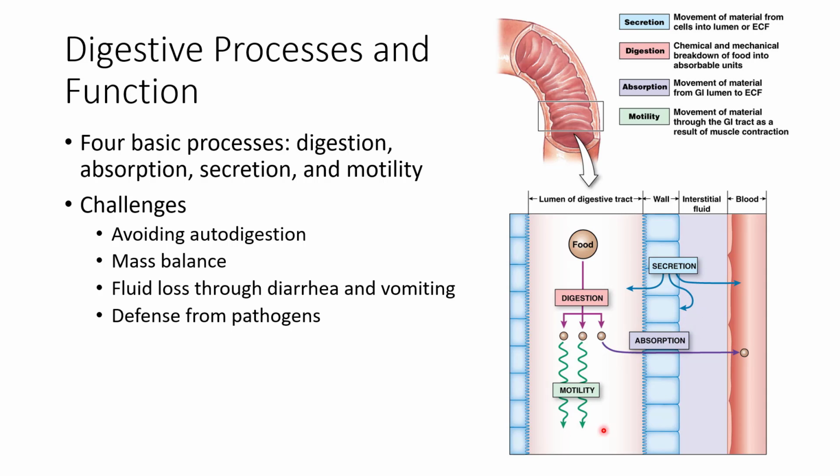And with that, how do you ensure that osmosis doesn't lead to fluid being lost through the digestive tract in the form of diarrhea, or in the reverse, vomiting? We can't have excess fluid loss. We need to retain that fluid. And finally, because we're open to the external environment, we need to be careful that we don't let in pathogens, and that we have a means to defend against those pathogens to ensure that we don't bring on a pathological condition.